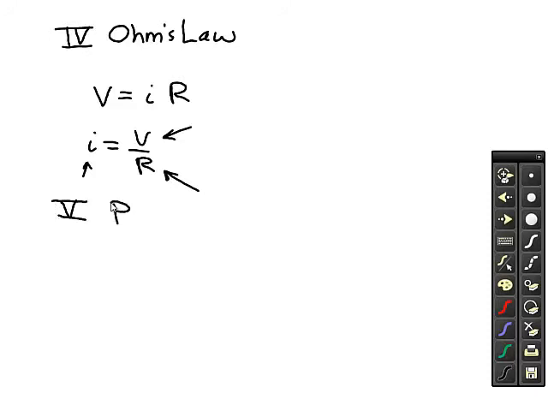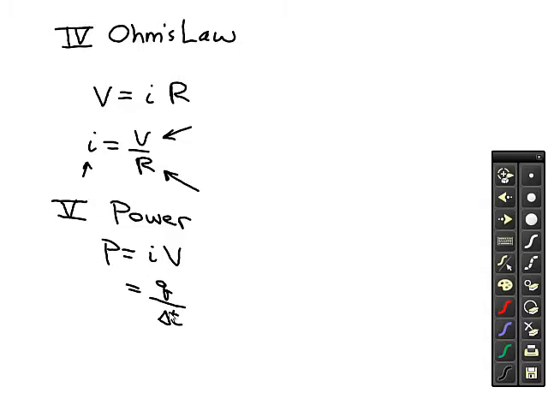Power. Again, from last year, power is very easy to calculate. It's just I times V. Because remember, I is the amount of charge passing through the circuit per unit time.